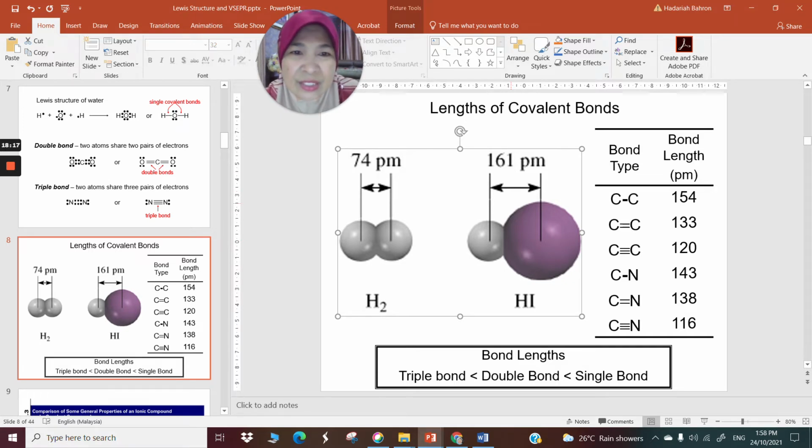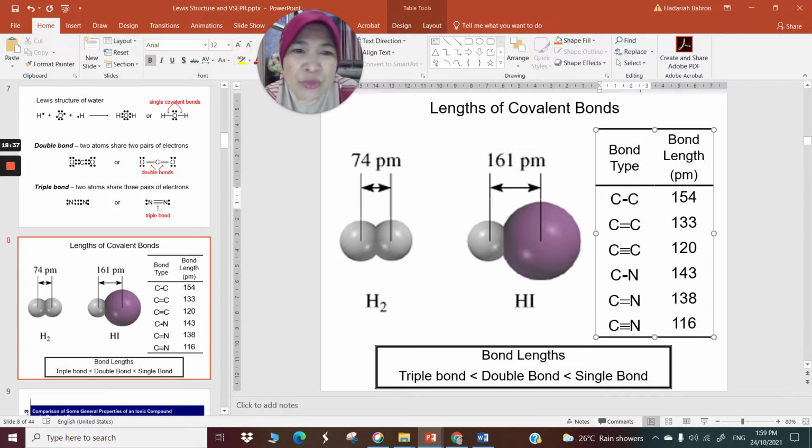It is 161 picometers. So we are saying that the bond length of HI is 161 picometers. Based on that determination of bond length, it has been determined before that the carbon to carbon single bond length is 154 picometers.